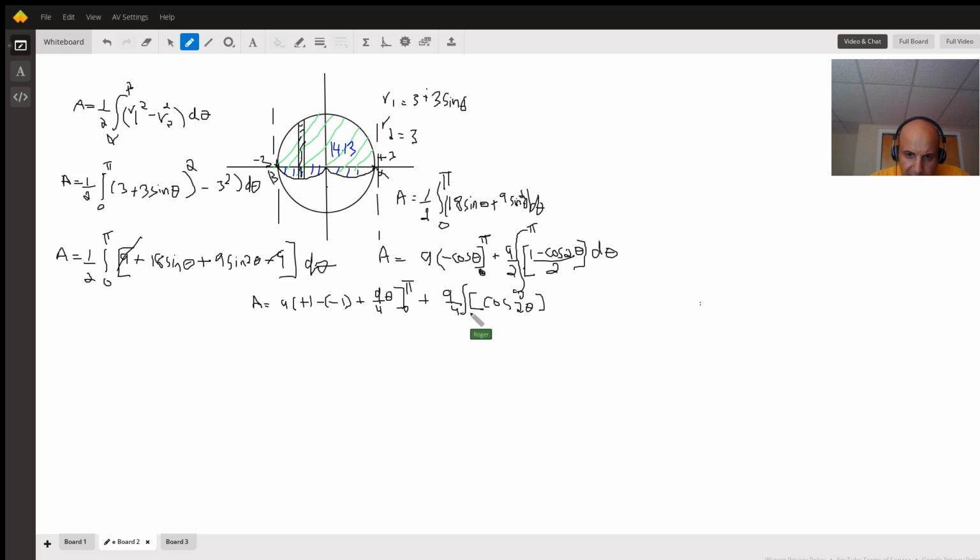So we haven't integrated this part yet. Just want to make sure that you get this right. 9 over 2 times half is 9 over 4, minus cosine 2 theta from 0 to pi d theta.